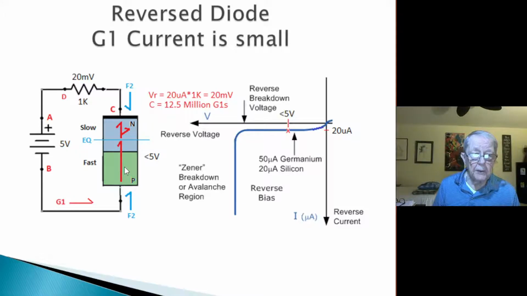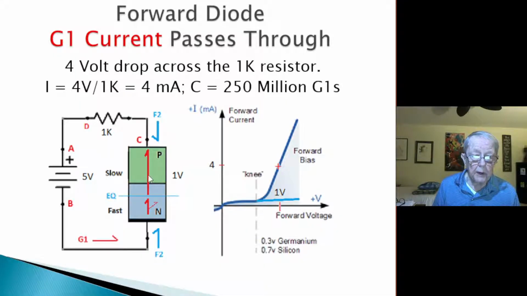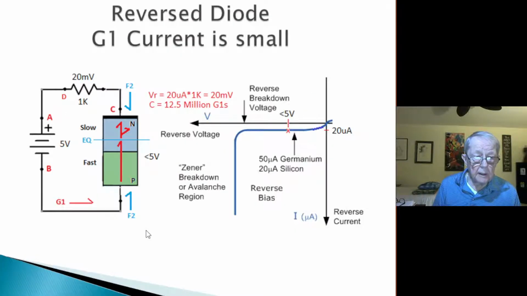In the previous one, the current, the G1s, you add G1s here, you lose G1s here, and you lose G1s here. It's all this direction. And it's the same here. You add the G1s, you lose here, and you lose here. It's the same direction. Nothing really changes.